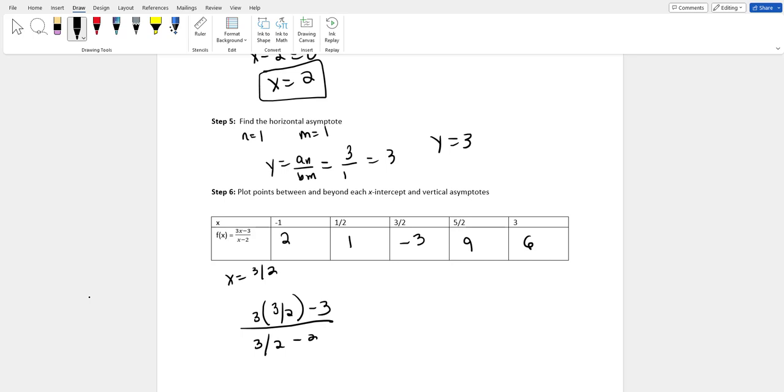I get 3/2 here. And when I do the denominator, I get -1/2. So if you use your calculator to do the calculations for the fractions, you may end up with decimals, but don't forget to convert it back to a fraction, and that way you'll get your whole numbers here. So I end up with -3 here.